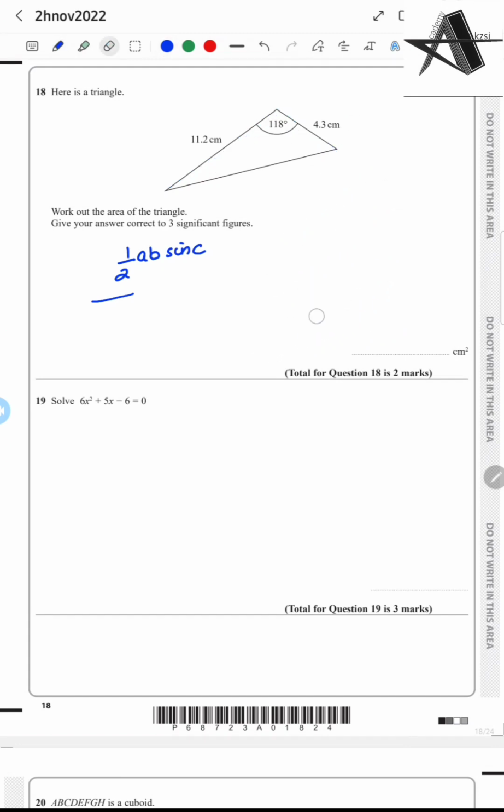So applying this formula, I'll get half into 11.2 times 4.3 times sine 118. On solving it, you will get 21.261, and the answer should be to 3 significant figures. So 21.3 would be the answer.